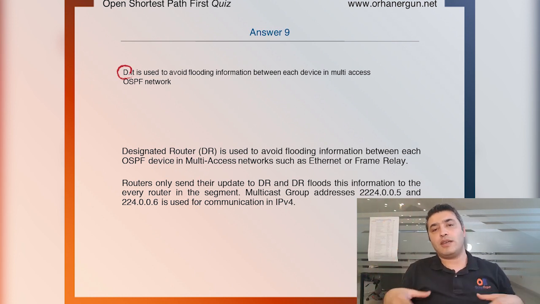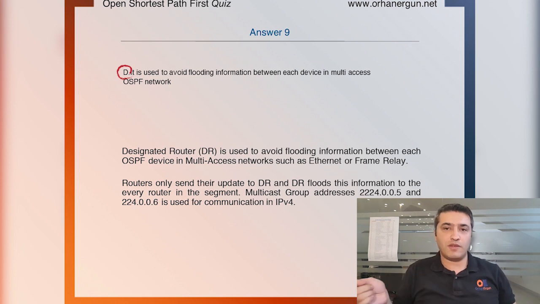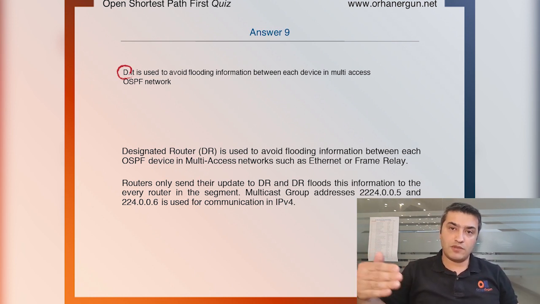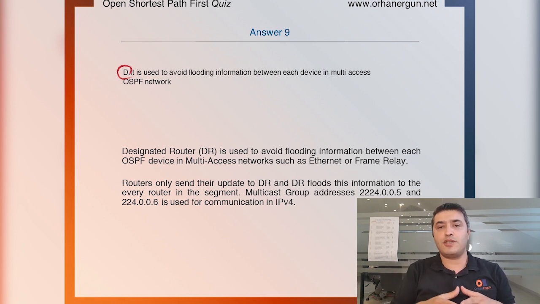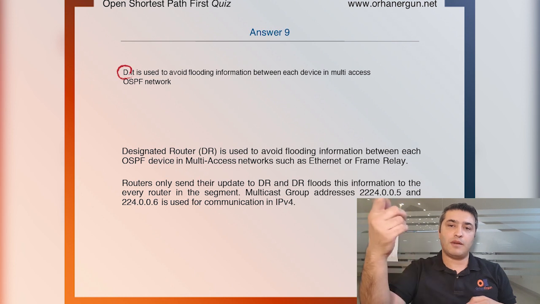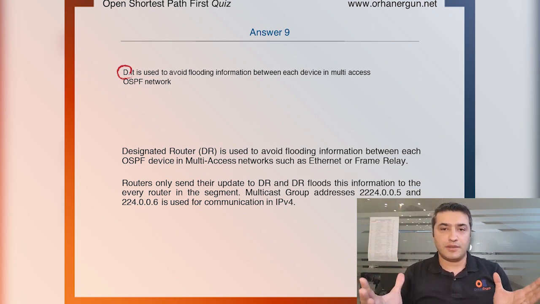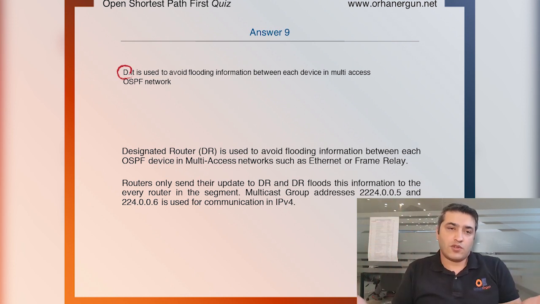Those 8 routers will not have OSPF neighborship with each other. If something happens, if you add or remove an interface, if there is a failure, this information will not be sent to each and every router separately. Instead of receiving 10 updates, you will receive the update from DR, and of course it gives scalability for us.